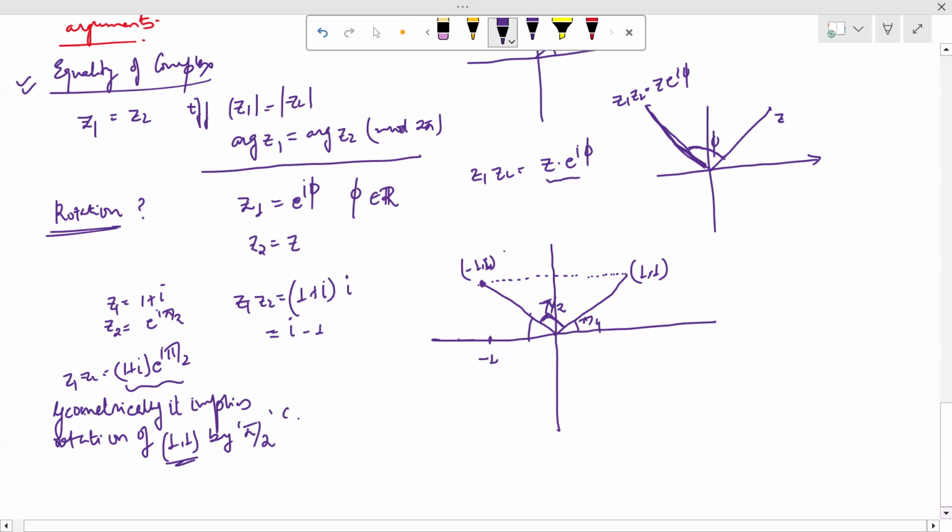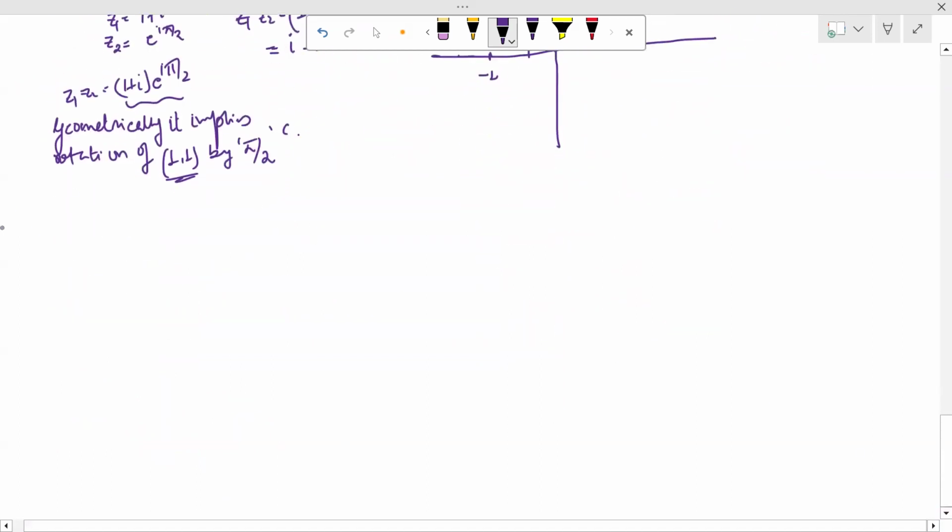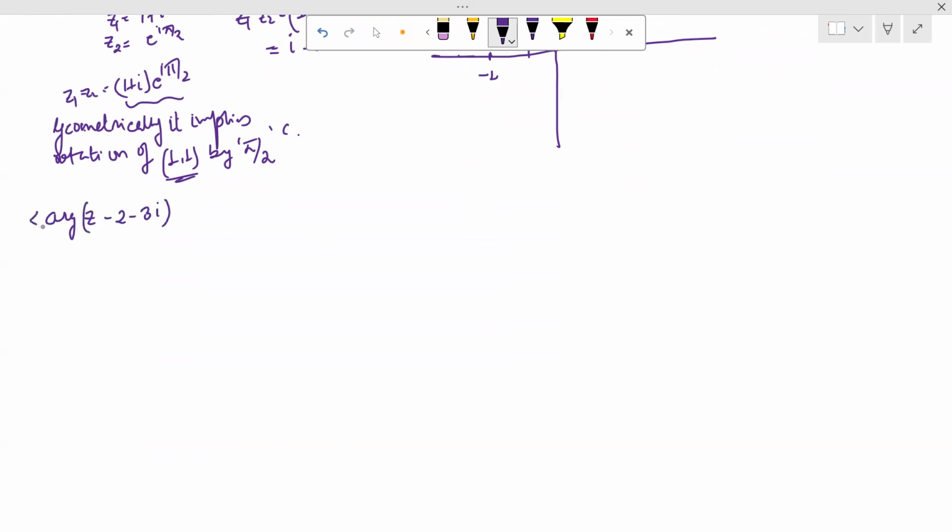Sometimes you need to really visualize the regions also. So let me give you an example of one region. How would you visualize this region? If I had said that argument of z lies between 0 and pi by 2, how would you have visualized it?